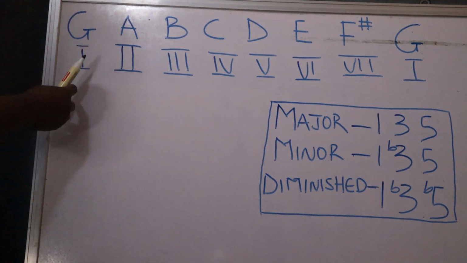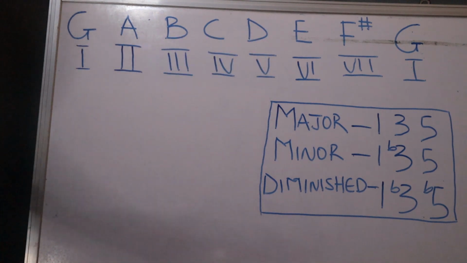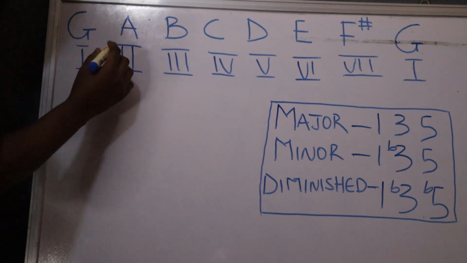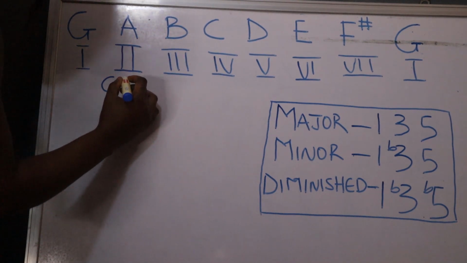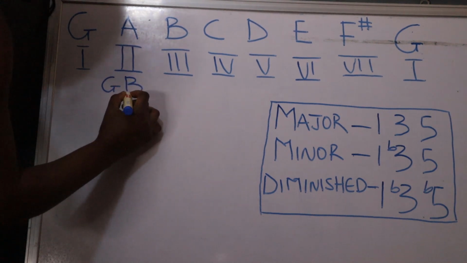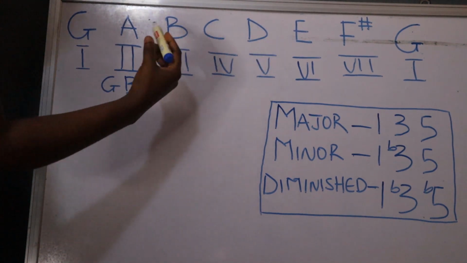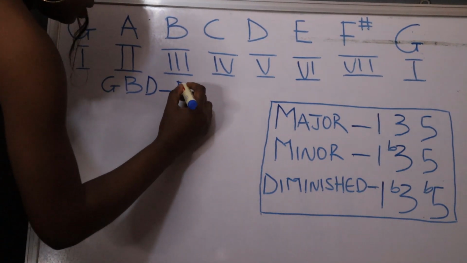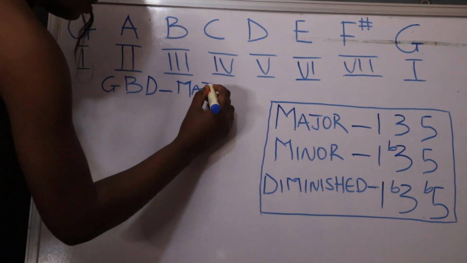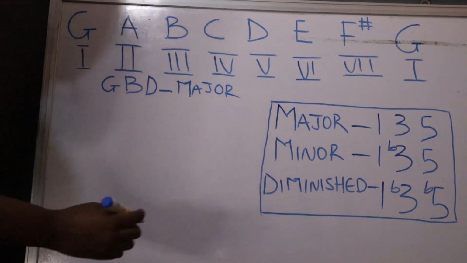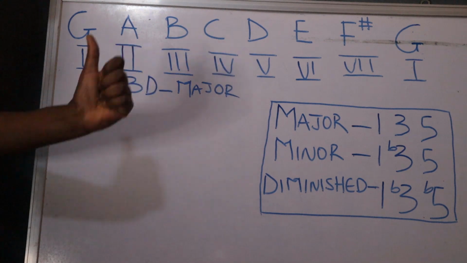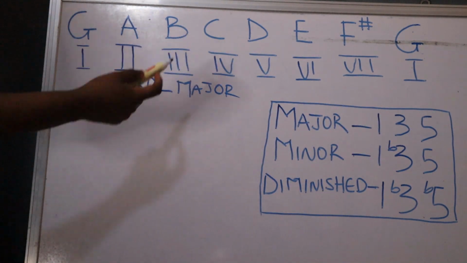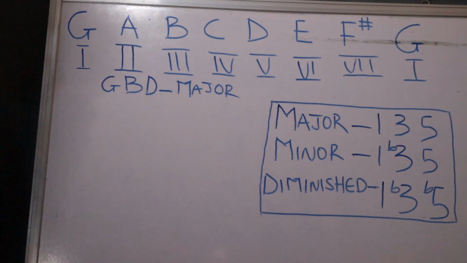We have G, the third will be B, and the fifth will be D. This is a major chord, because in the last lesson we said 1 3 5 from any major scale is a major chord.